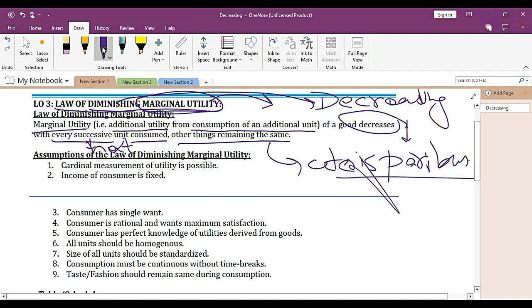If other things remain the same, the marginal utility of a good decreases with every successive unit consumed. This law is known as the law of diminishing marginal utility.